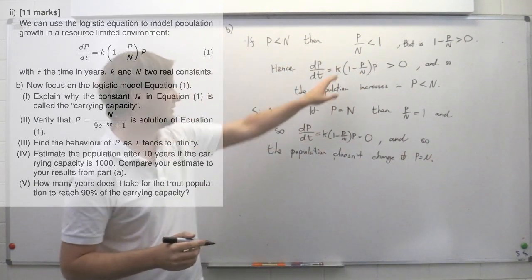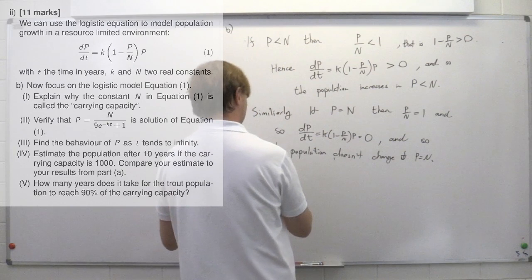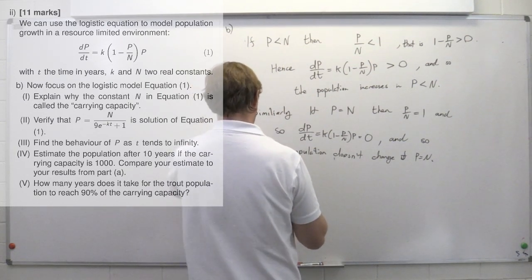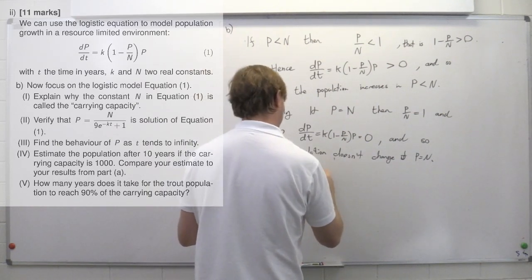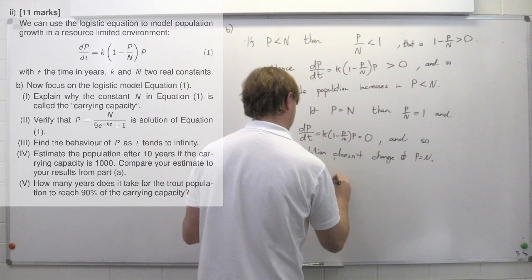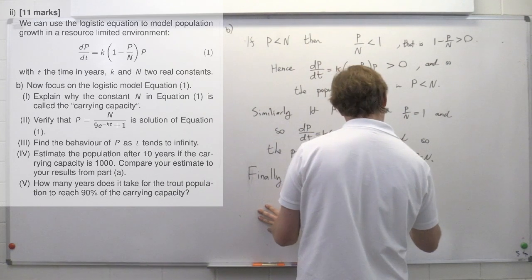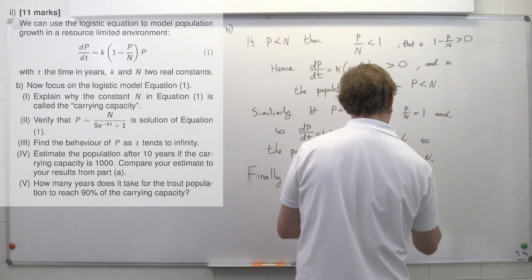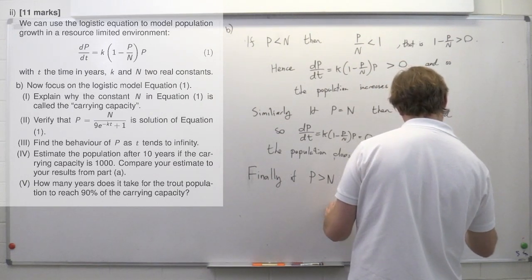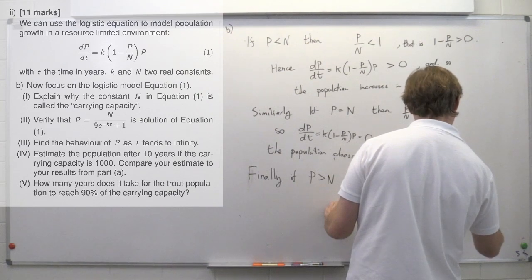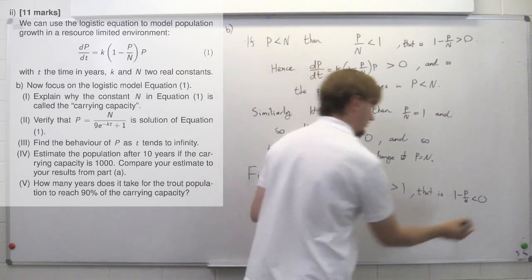And one more comparison, let's just look at what happens when our population exceeds the carrying capacity. So finally, if p is greater than n, so we've exceeded this so-called carrying capacity, then p over n is now greater than 1. That is, 1 minus p over n is negative. So this combination here is going to be a negative number.